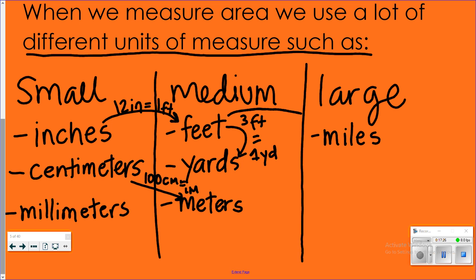They're connected with feet. Does anyone know how many feet are in a mile? No. No. 5,230 feet. 5,230 feet are in 1 mile.